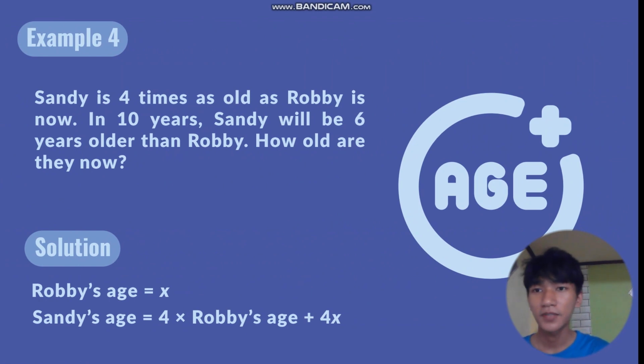Okay. For example 4. Sandy is 4 times as old as Ruby is now. In 10 years, Sandy will be 6 years older than Ruby. How old are they now? Okay, the solution is we have Ruby's age is x and Sandy's age is 4 times Ruby's age, 4x.